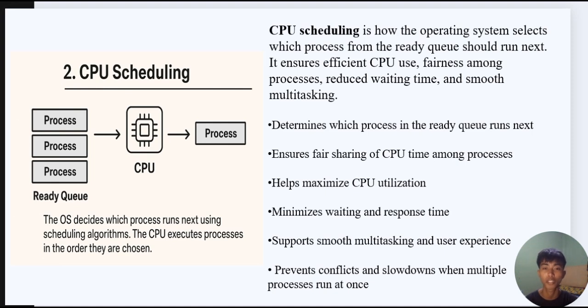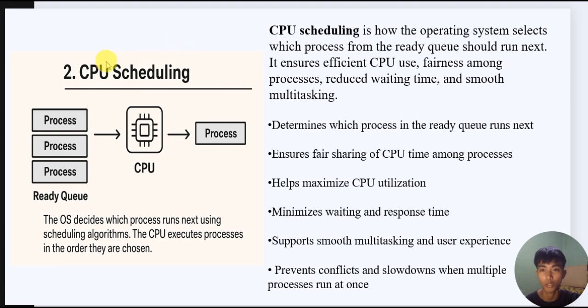It ensures fair sharing of CPU time among processes, helps maximize CPU utilization, minimize waiting and response time, supports smooth multitasking and user experience, and prevents conflicts and slowdowns when multiple processes run at once.